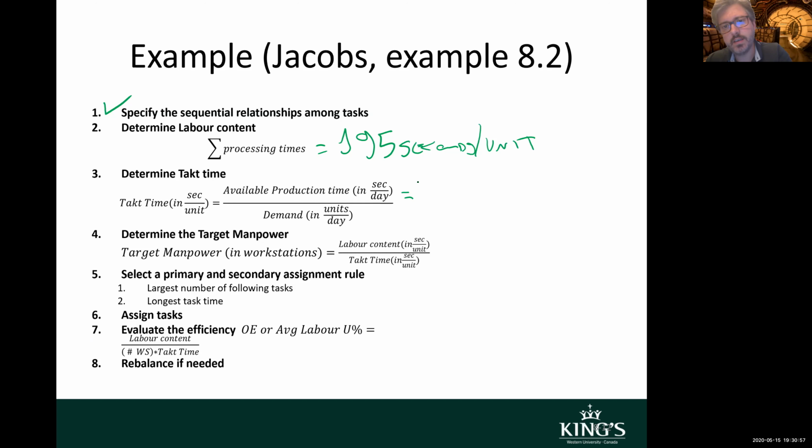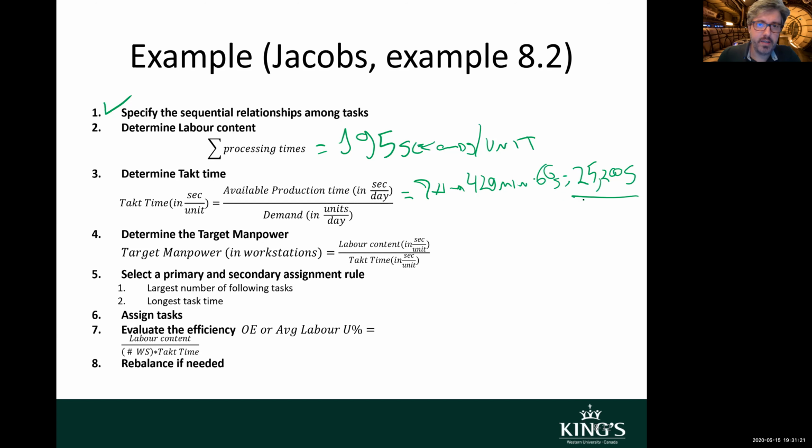Okay, so it's 7 hours. 7 hours is actually, if we make that into seconds, 420 minutes times 60 seconds, which is 25,200 seconds. Okay, so this is my numerator right there.